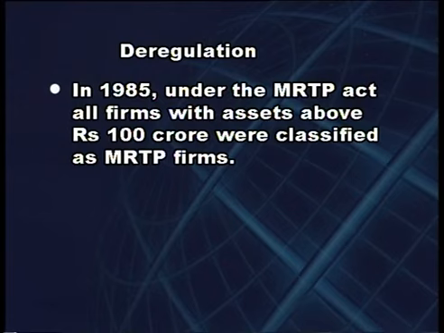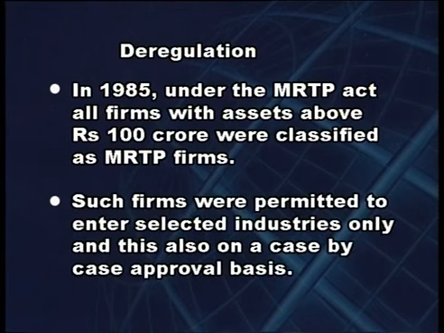In 1985, under the MRTP Act, all firms with assets above 100 crore rupees were classified as MRTP firms. Such firms were permitted to enter selected industries only, and this also on a case-by-case approval basis.